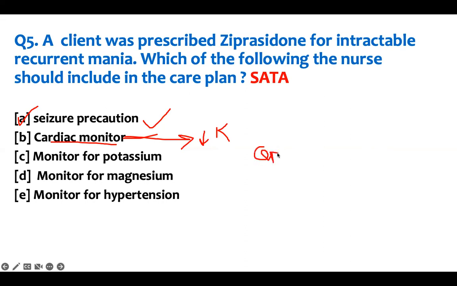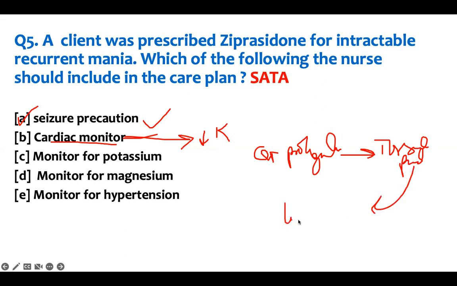QT prolongation, another QT prolongation. Remember, Clozapine, the same thing. These guys also do the same. QT prolongation will lead to what? To Torsades de Pointes, okay? And what causes that? Low magnesium. Therefore, we got to make sure your magnesium is normal.